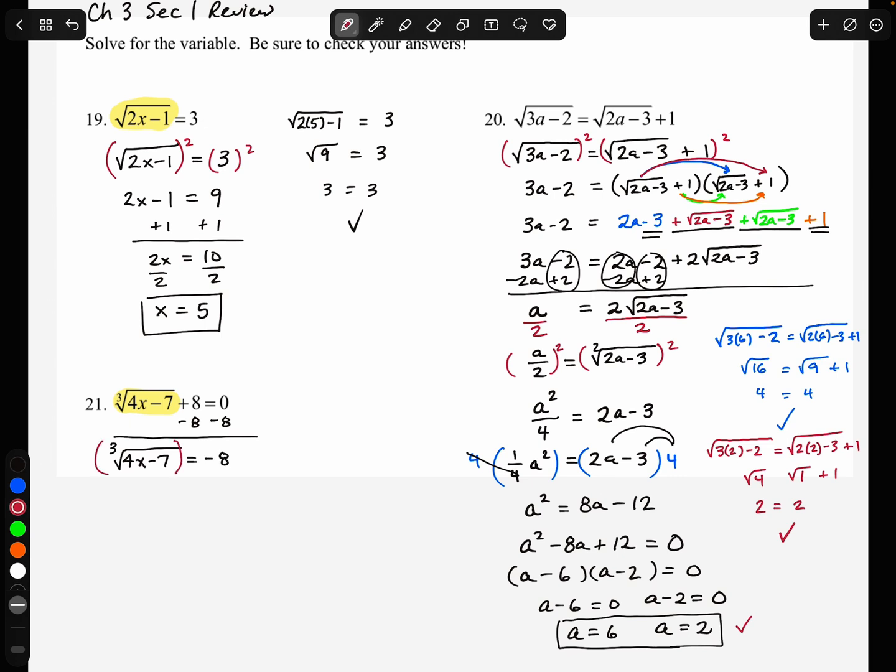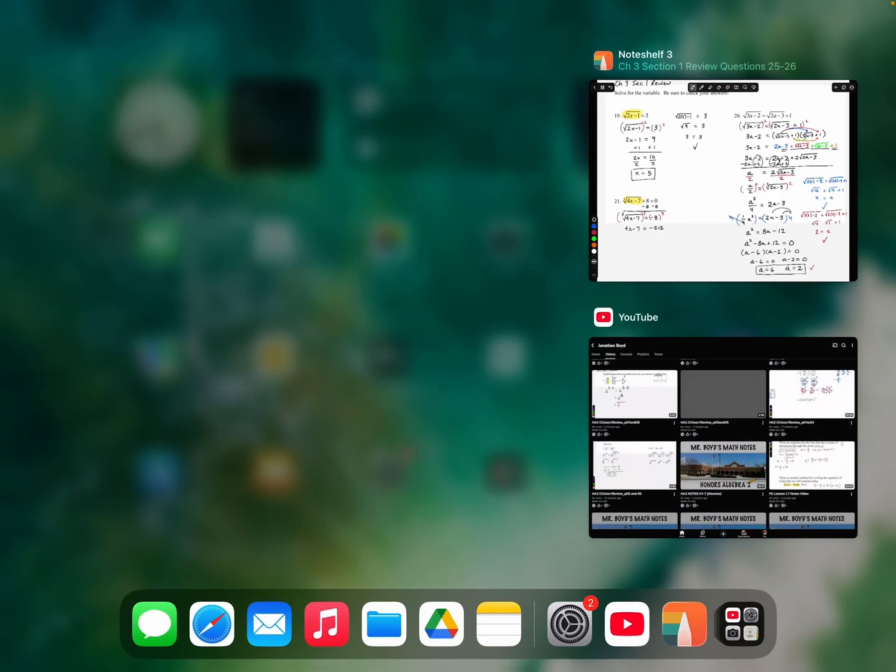And then to undo our cube root, right, we're going to have to cube it. So when I cube that, that would be 4x minus 7. And negative 8 cubed, I believe, is negative 512. Let me double check that.